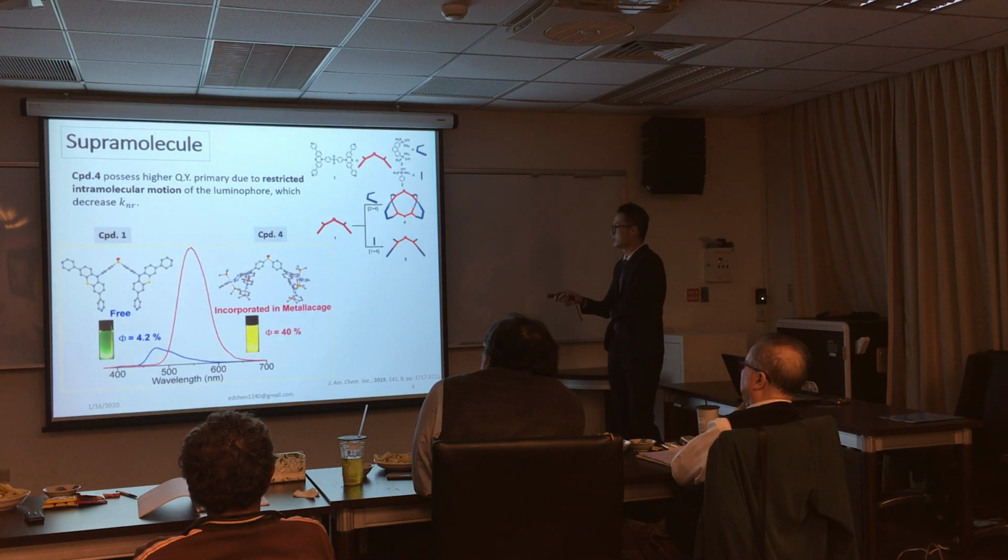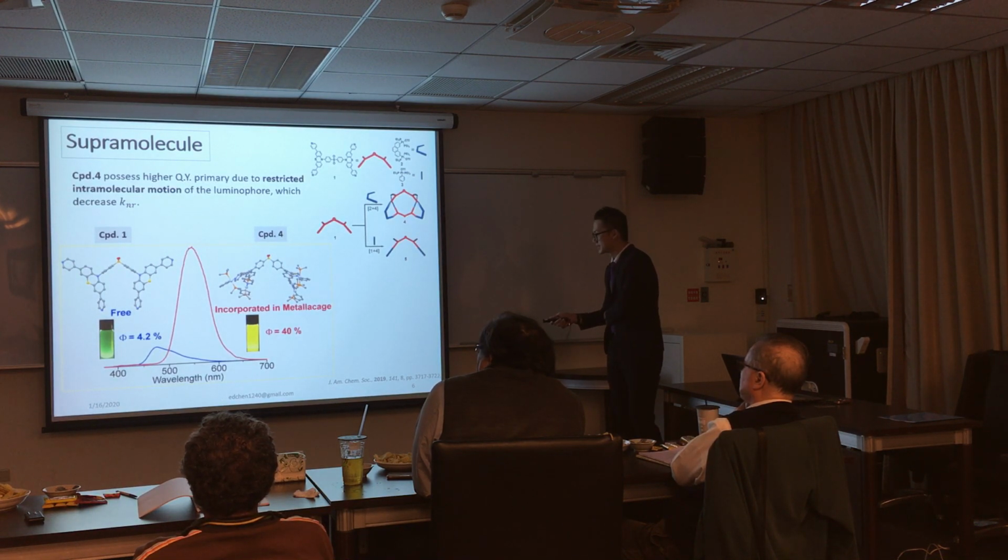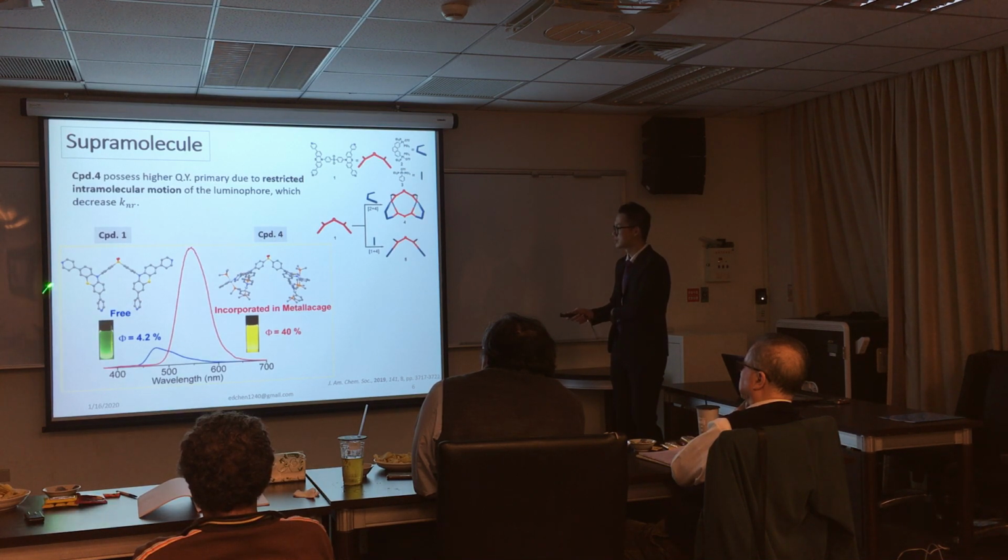Also, it can be used as a building block of supramolecules. Because of its free motion, before its self-assembly into a metal cage, it has many vibrational and relaxational degrees of freedom, so it's weakly fluorescent.